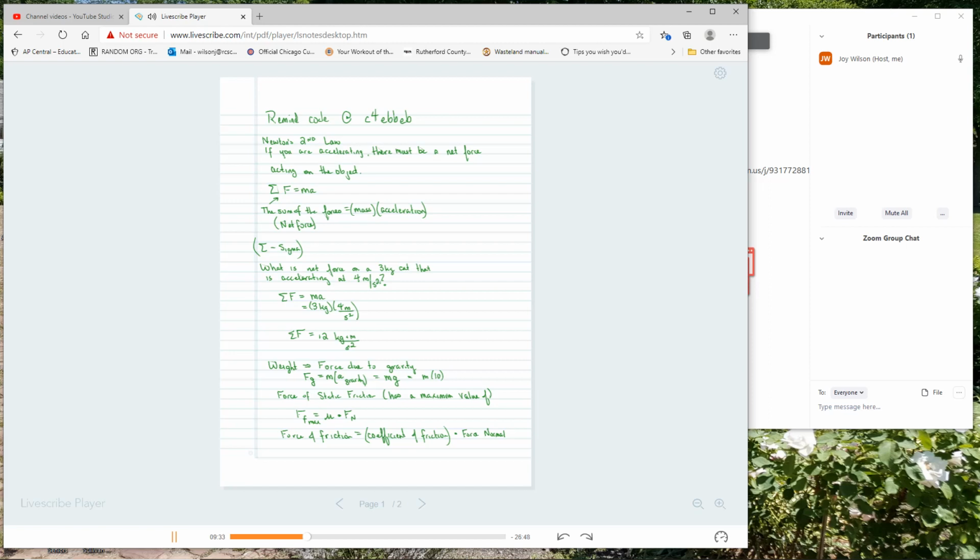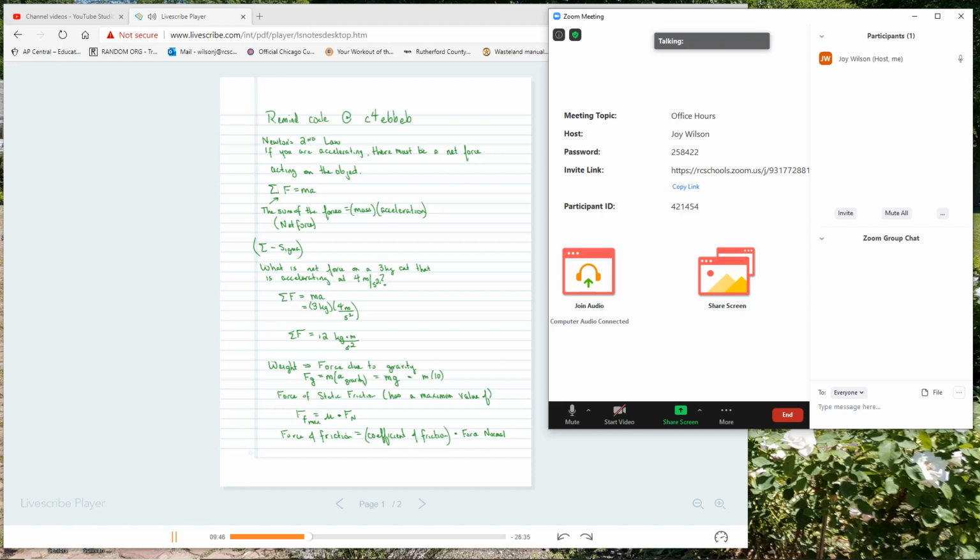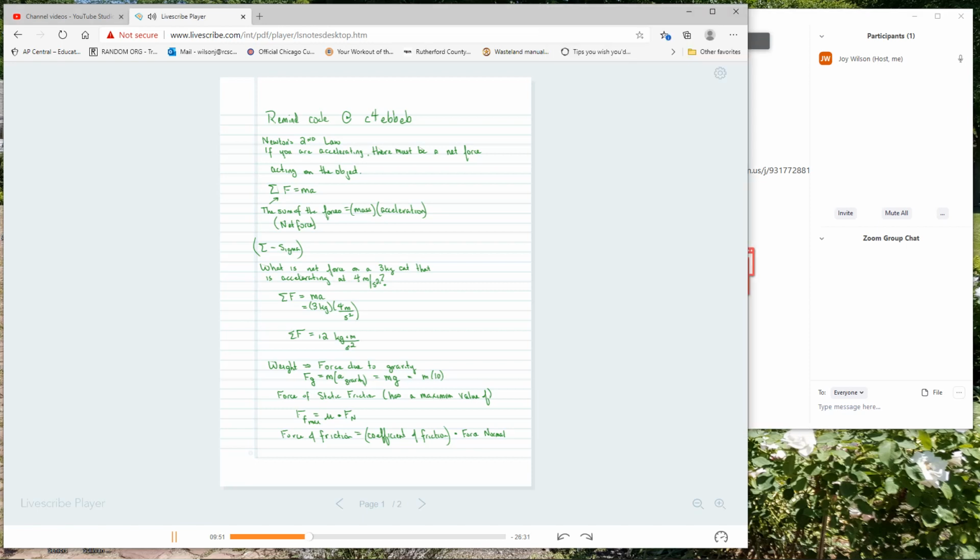And then times force normal. The coefficient of friction we'll talk about here in just a few minutes. But those are the only 3 formulas we have. We have weight, we have net force formula, and we have friction formula. Everything else we have to figure out from the words in the problem.